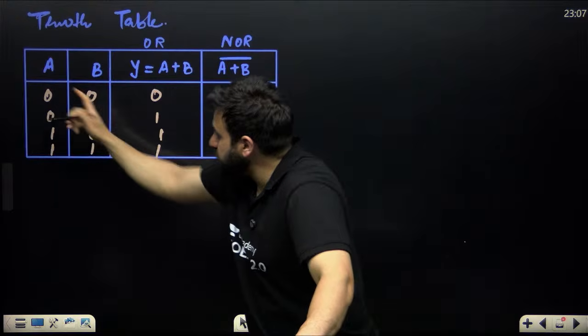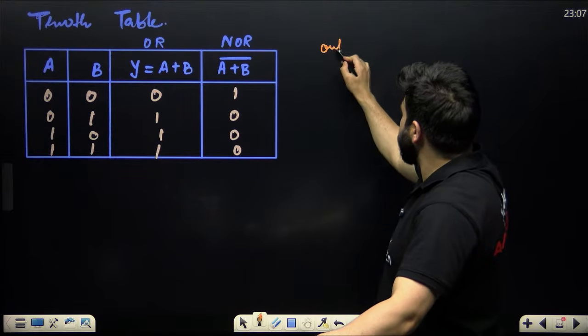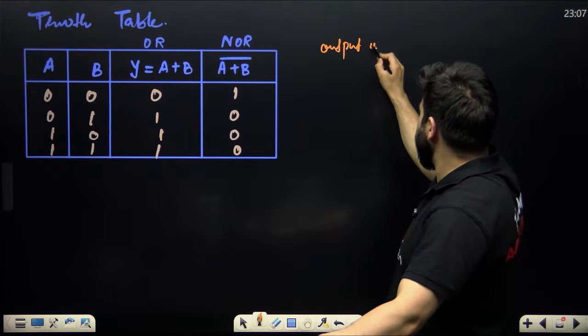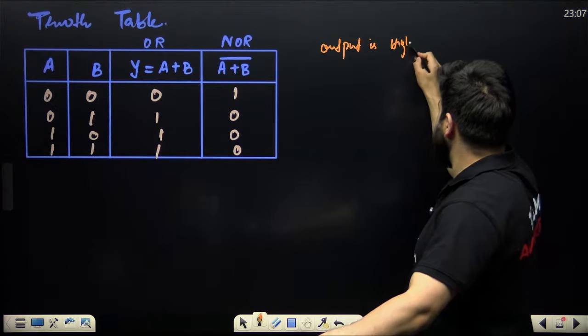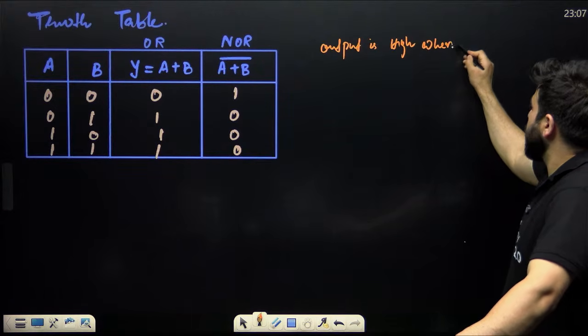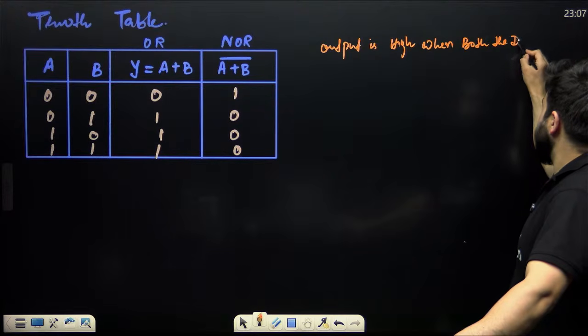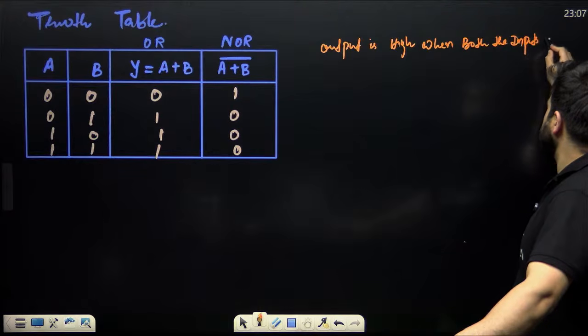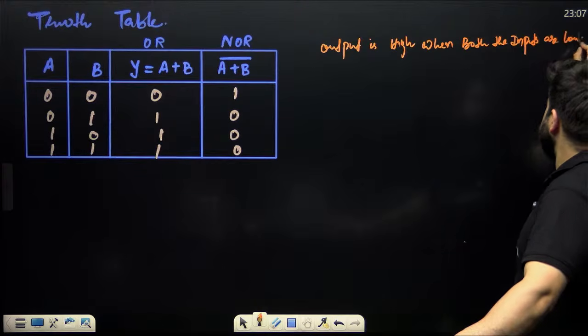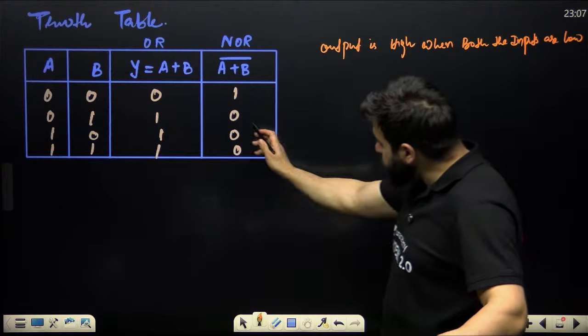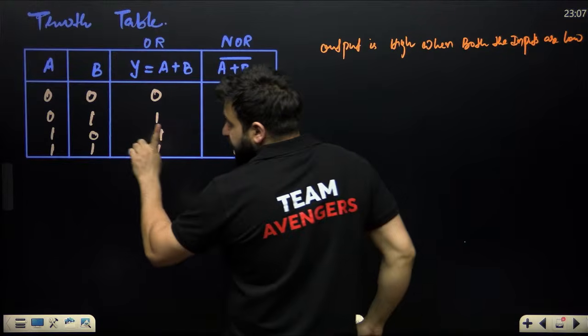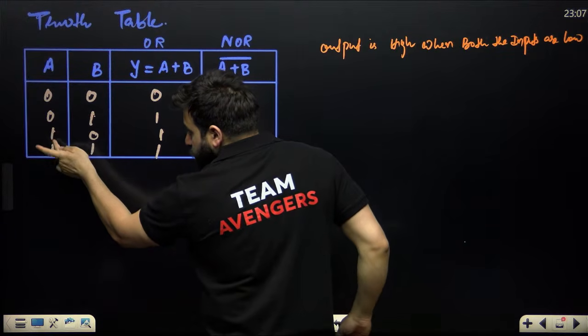when both the inputs are low. Output is low when any of the two inputs is high.